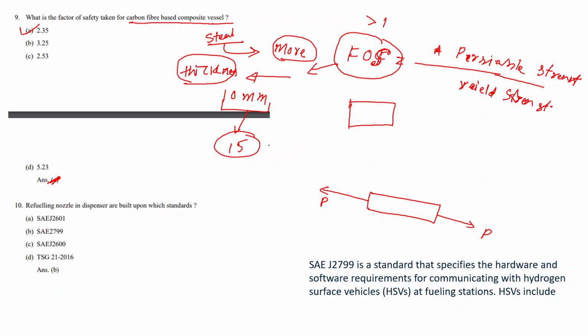If your tank thickness is higher, that means you are putting in some extra safety. That means you are giving some factor of safety to your tank during the design time. So for the carbon fiber, you have to take this factor of safety value. You have to remember it.